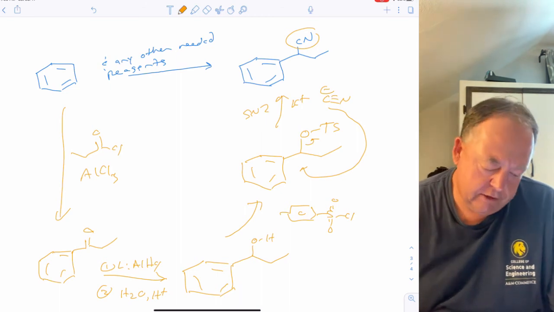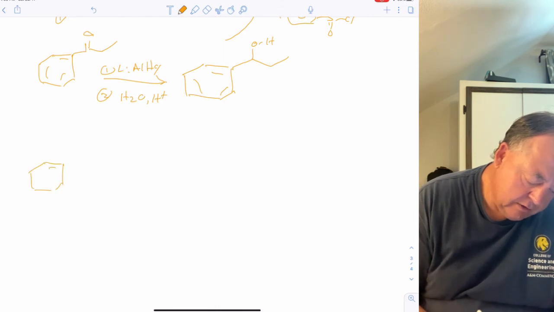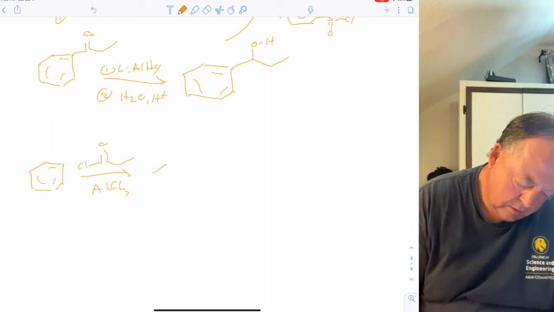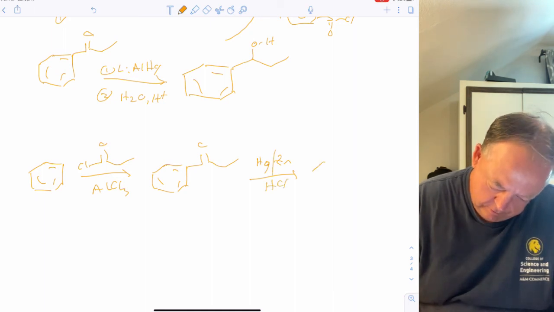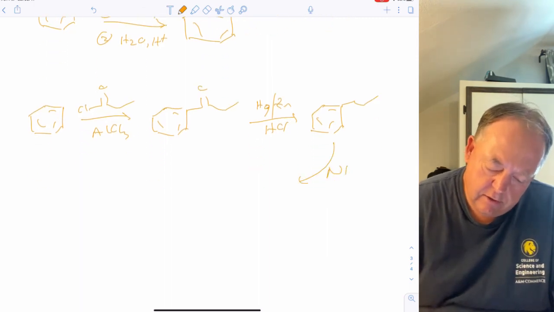That's just one of the ways. So quickly, another way you could have done this. Right, you could have put the ketone on, and then you could have reduced the ketone. Put the propyl chain there, and then you could have done a free radical bromination.